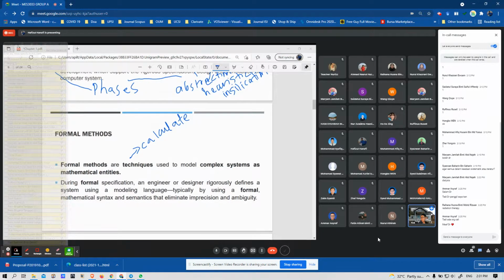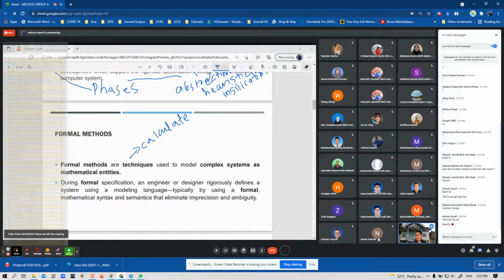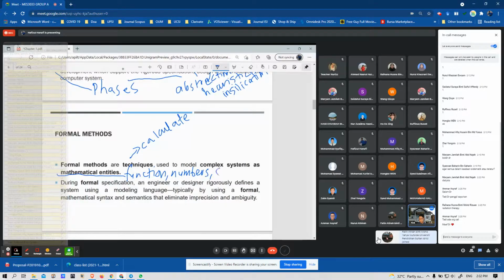Mathematical entities are very common in formal method because, according to the conception of realism, mathematical entities are such as functions, numbers, and sets. Mathematical entities: functions, numbers, and sets.